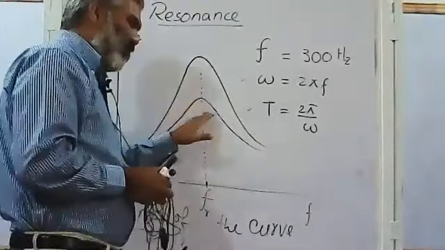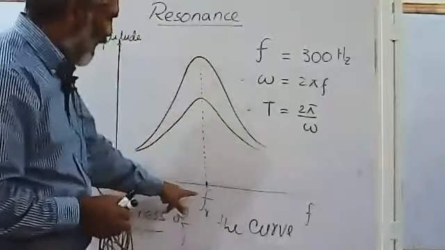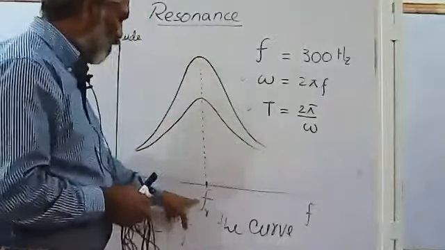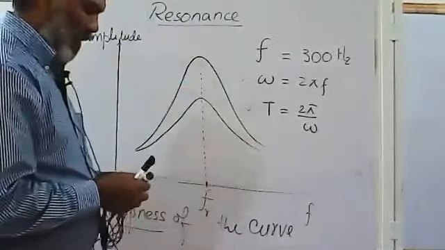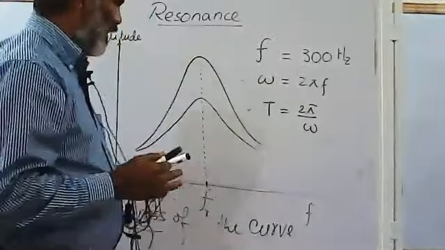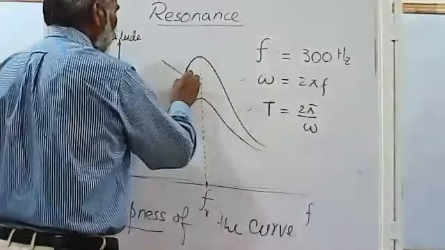And the obvious reason for this decreased amplitude, although we have approached the resonant frequency and have the peak there, is that there must be heavy damping in place. That is why the peak could not go to that height.